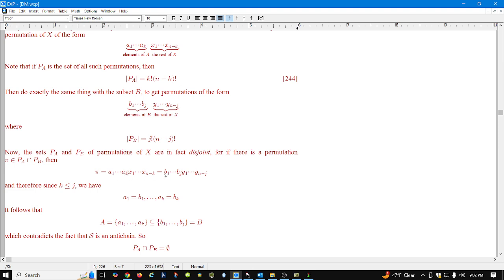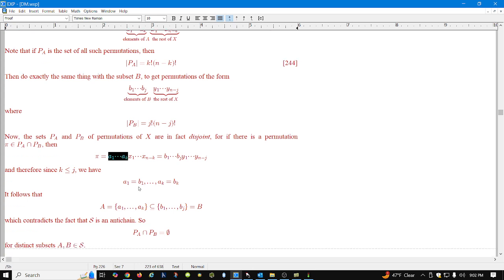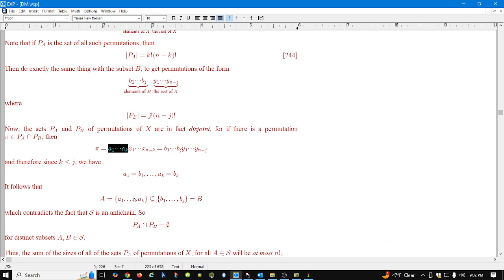Therefore, the first K elements in this list are identical to these. In other words, A1 equals B1 all the way up to AK equals BK. Well, that's the same as saying this subset is contained in this subset.